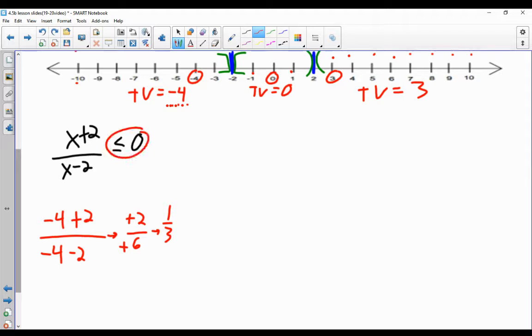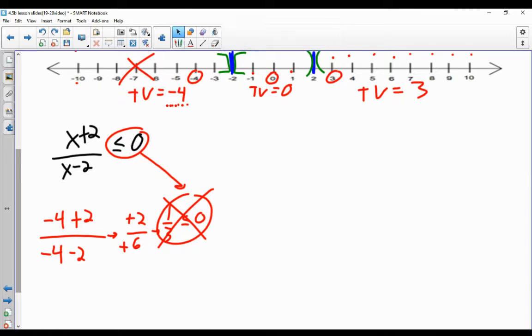But now, is 1/3 less than or equal to 0? 1/3 is not less than 0. If it was negative, we'd be good. But that is not a true statement, so that interval is not part of our answer.